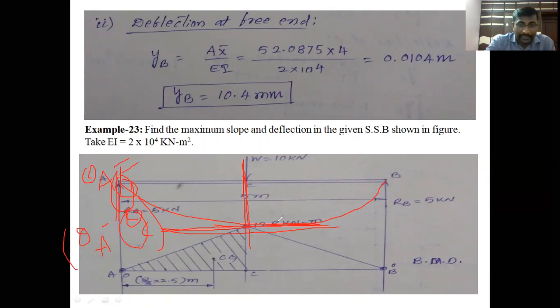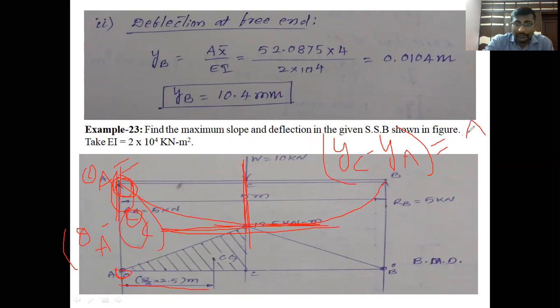And when calculating deflection, the deflection is maximum here, and the deflection here is 0. So according to Mohr's theorem 2, the change in deflection between 2 points, or net deflection between 2 points, means yC minus yA, the deflection at point C minus the deflection at point A. yC minus yA is equal to the first moment of this area, the first moment of area between 2 points about the apex. The apex of this triangle is A, so x bar is taken from here.